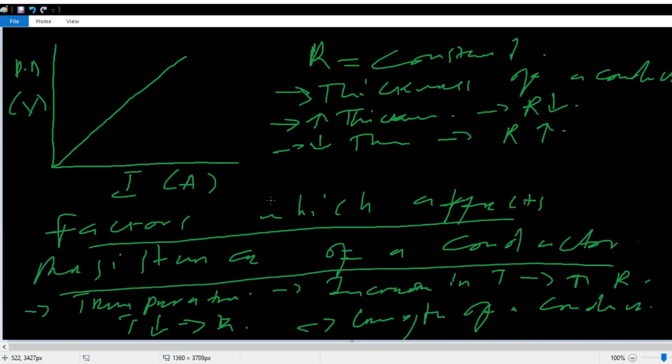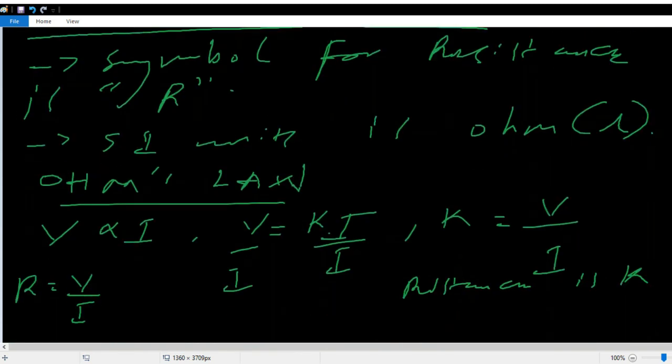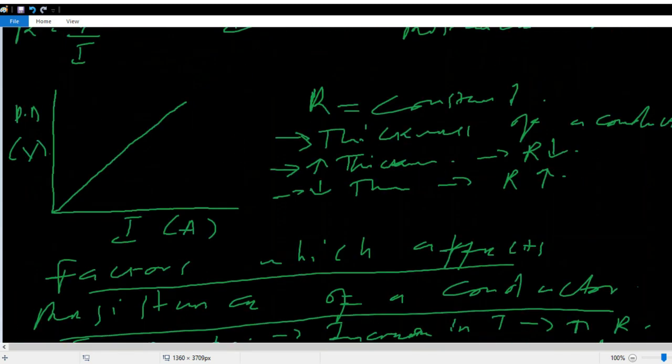Then the other factor is the type of material. Some materials have less resistance than others.